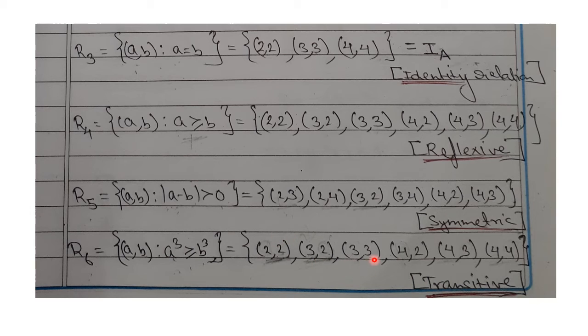If I have 3 comma 3 and 3 comma 2, I've got 3 comma 2 also, it is here. If I have 4 comma 2 and 2 comma 2, then I've got 4 comma 2 also, this is the one. If I have 4 comma 4 and 4 comma 3, I've got 4 comma 3 also, this is the one.